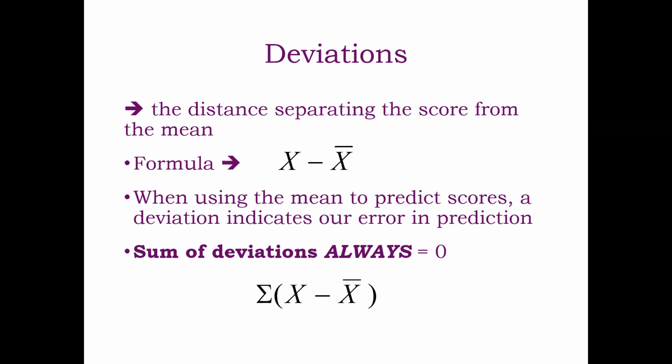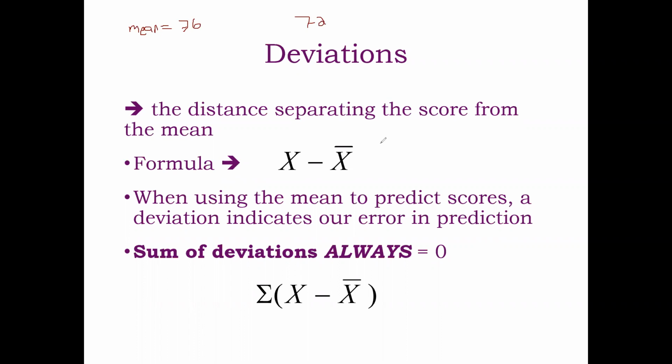So let me write that out so you can see it clearly. For example, let's say the class takes the midterm and the mean equals, let's say, 76. And let's say Charlie takes the exam and gets a 72.